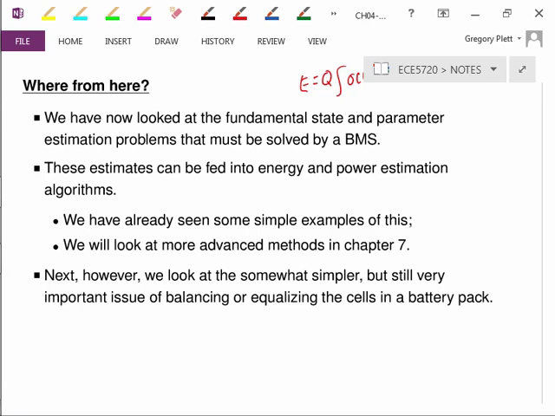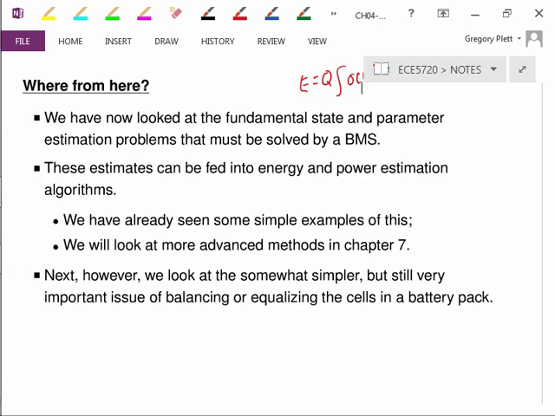But we're going to skip over that in the formal lecture videos, and we're going to go on to our next topic. We've looked at state estimation, chapter 3. We've looked at health estimation, chapter 4. These are the fundamental estimation problems, the most fundamental physical quantities that we can estimate in a battery management system.